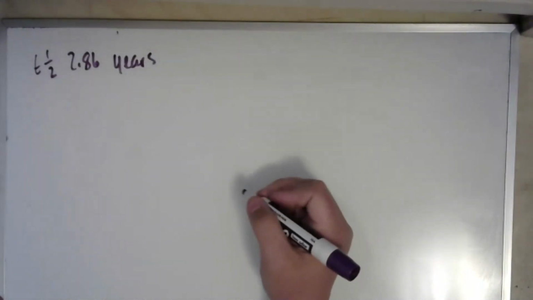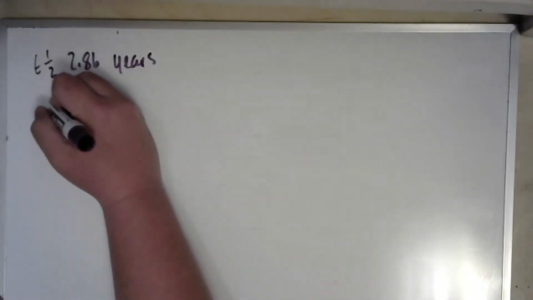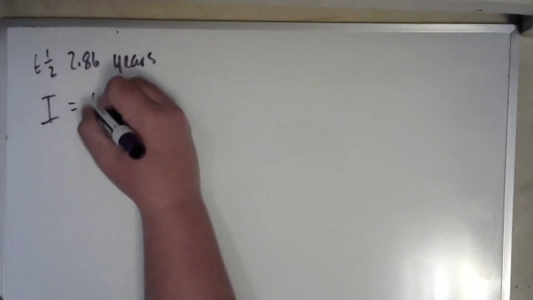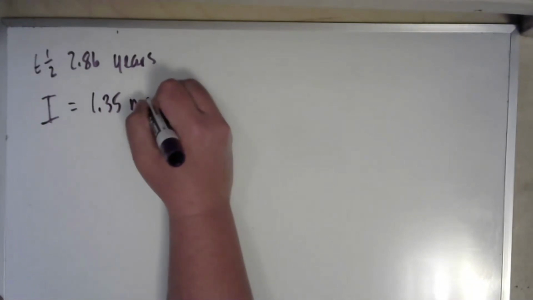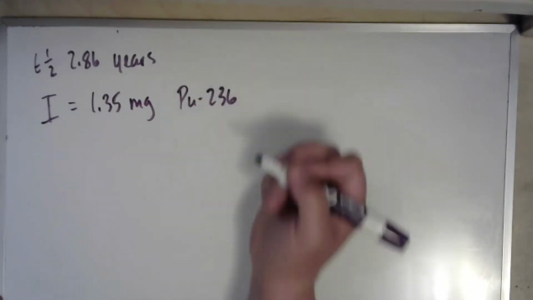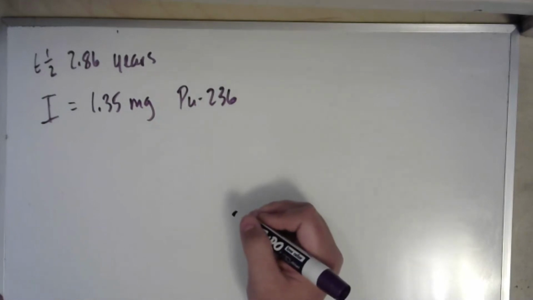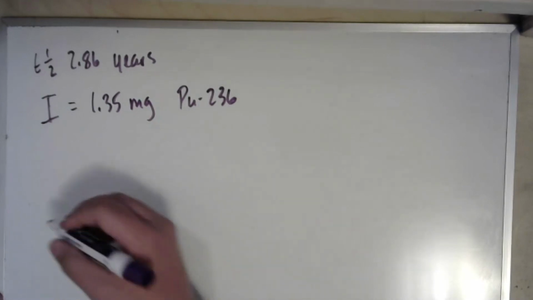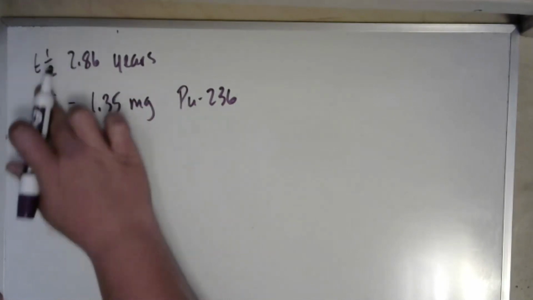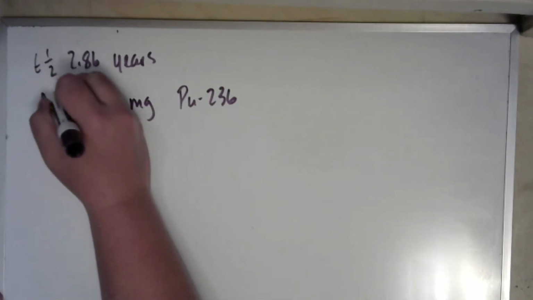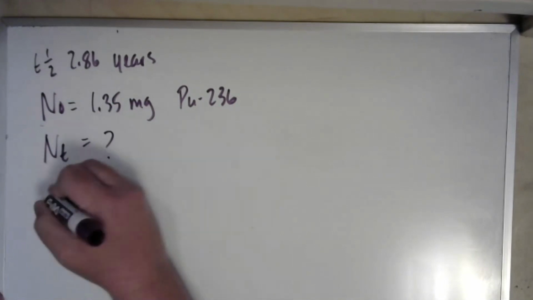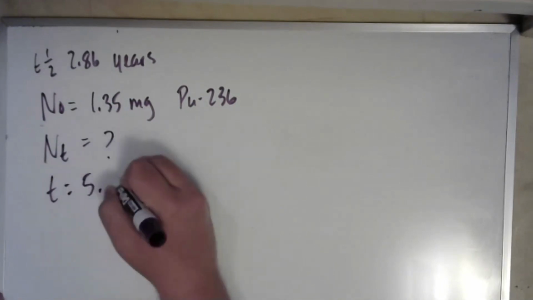If a sample initially contains 1.35 milligrams of Pu-236, what mass of Pu-236 is present after 5 years? So I guess we call this our N0, and we're going to look for Nt. And our t value is going to be 5 years.